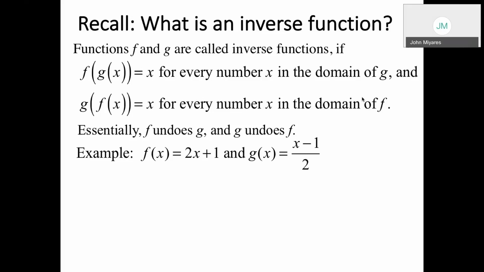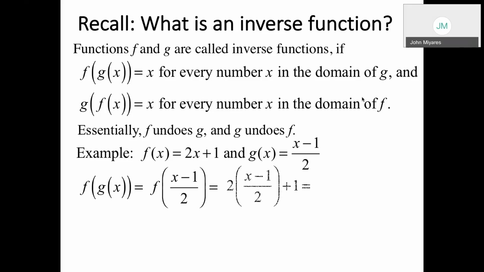If you wanted to see how this comes together algebraically, we can actually take f of g of x. To do that, we're going to take the entire formula for g and plug it into the function f like so. The function f says we want to take whatever's in the parentheses, double it, and add 1.